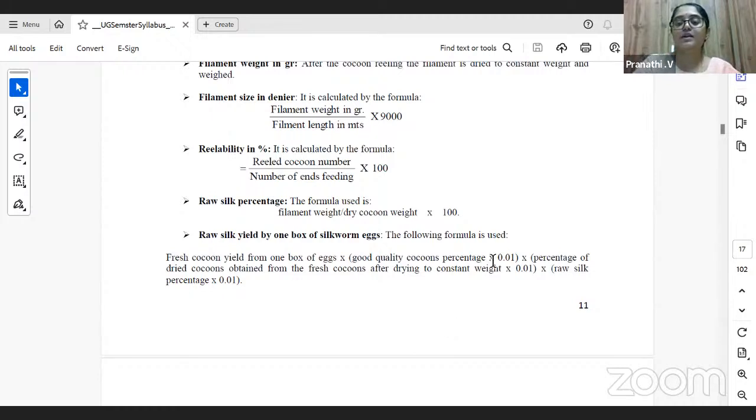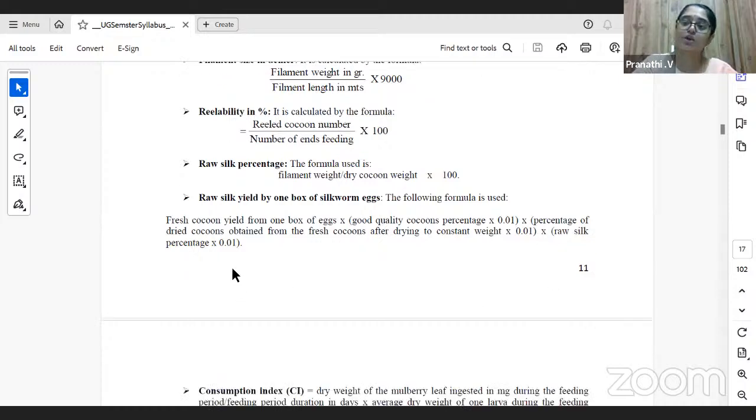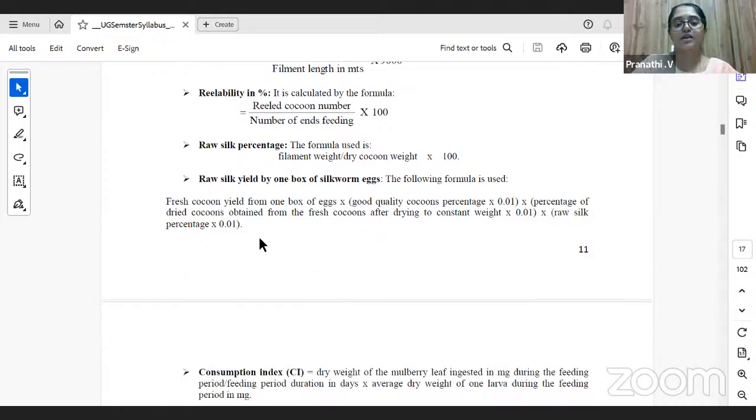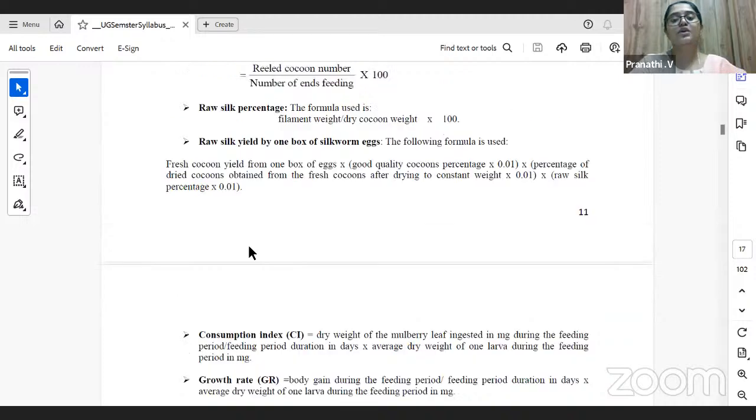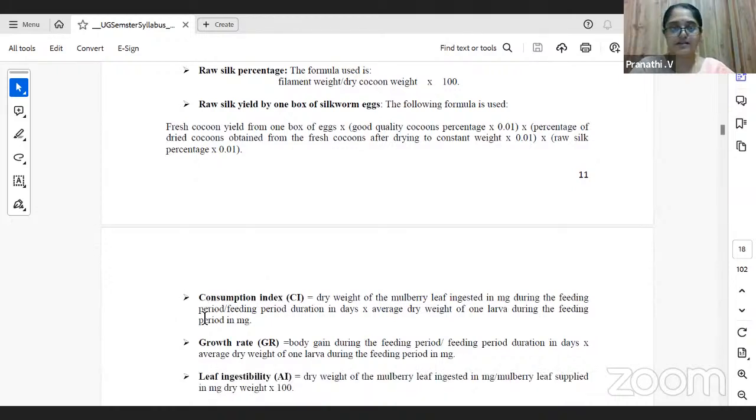So this 0.01, all of this is constant. So this dried cocoon weight you're going to multiply into raw silk percentage into 0.01 again. So all this 0.01 is constant. So with this you're going to get the raw silk that is going to be yielded from one box of the silkworm eggs.